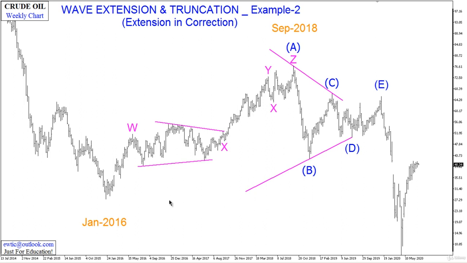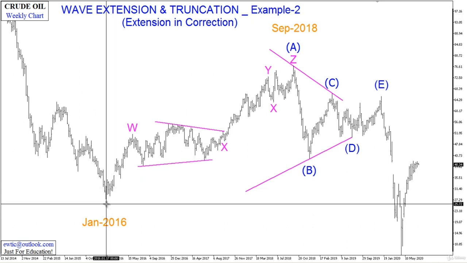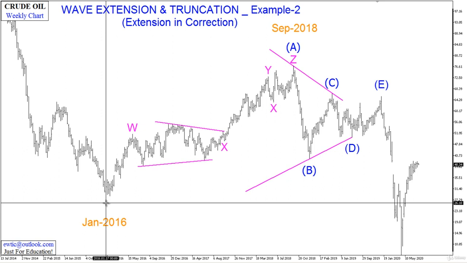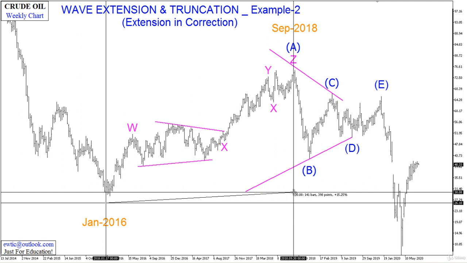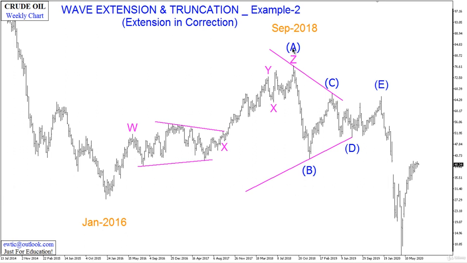If you compare the duration of these waves, this is weekly time frame, so each bar represents 1 week, one trading week. Wave A took 141 weeks on the price data that my broker provided me. It is 141 weeks taken by wave A to complete.